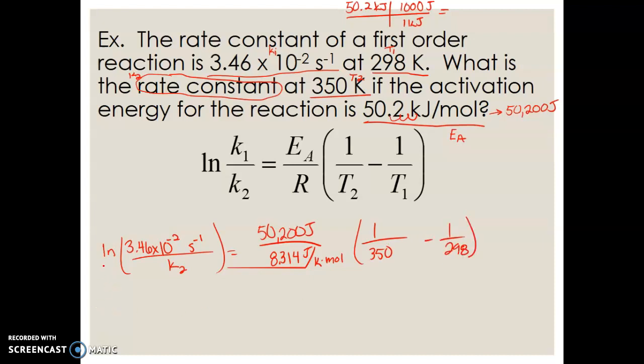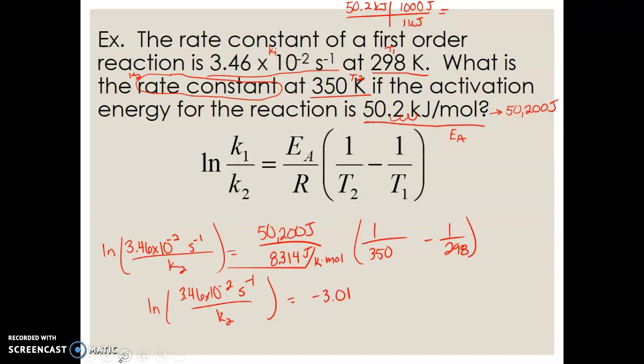Okay, so I'm going to calculate this side of the equation and rewrite this here. So this side equals negative 3.01.